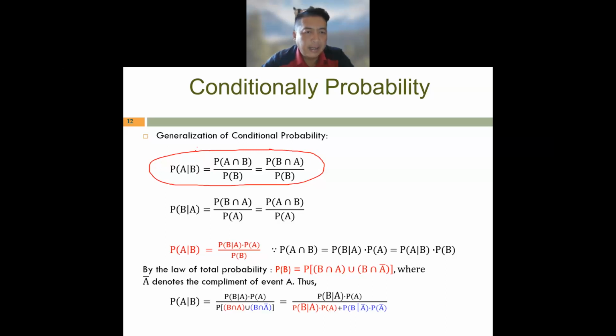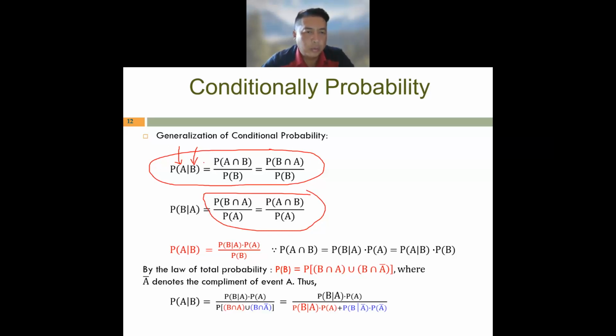Given event B, what is the probability of having A? This is the formula that we have from the previous example. Basically, we are dividing the A intersect B by the probability of B. So these two are the same. If we interchange A and B, we will get something similar.